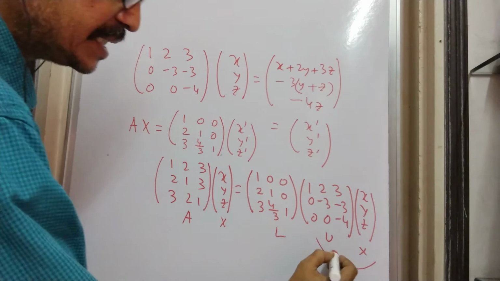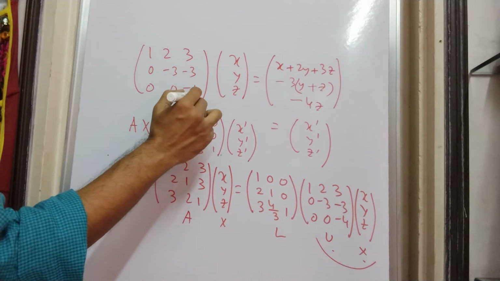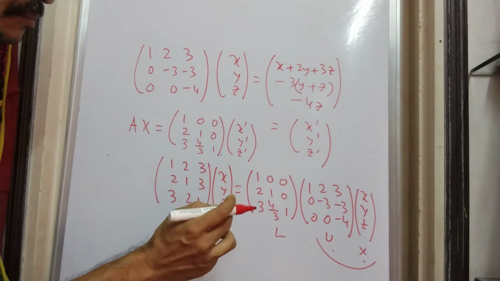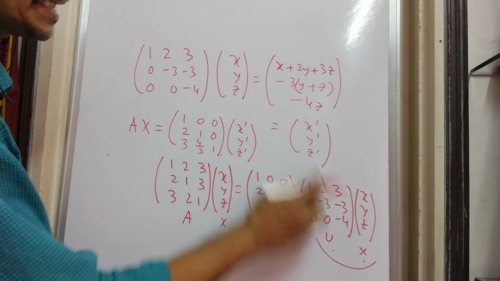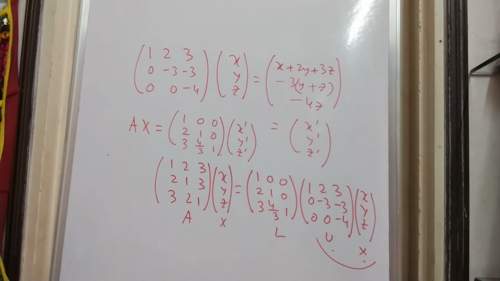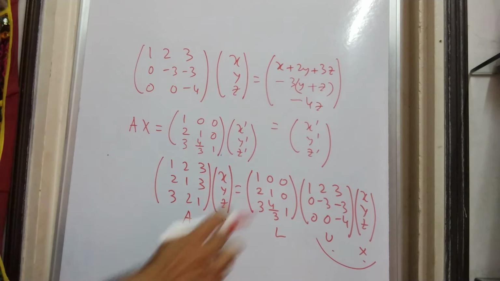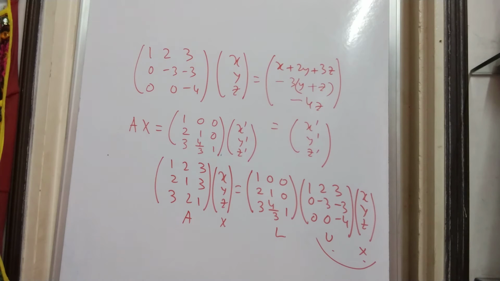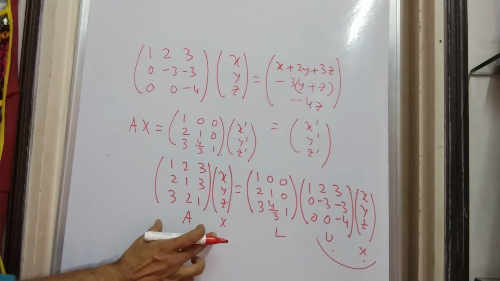Whenever I am taking this U into x as this, so obviously this multiplied by this gives us Ax, isn't it so? Ax is the original equation.